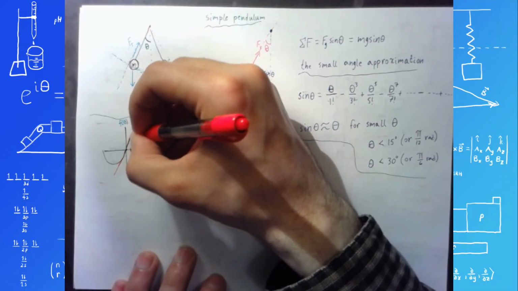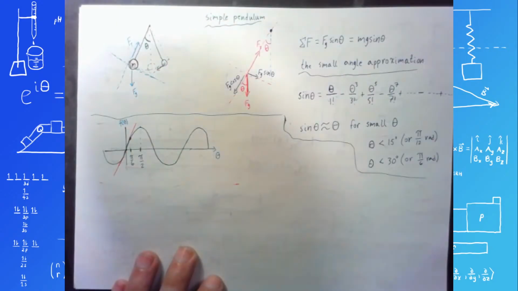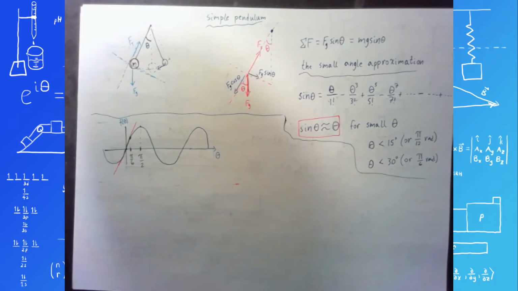They're definitely not exactly the same over here, but they're so close to each other that you might find it convincing that sine of theta does approximately equal theta, up to around, I would argue, pi over 6. Some people are more strict and would say you probably want to stop at 15 degrees instead. But either way, the point is, as long as you don't pull the pendulum back too much, you can get it to engage in simple harmonic motion.